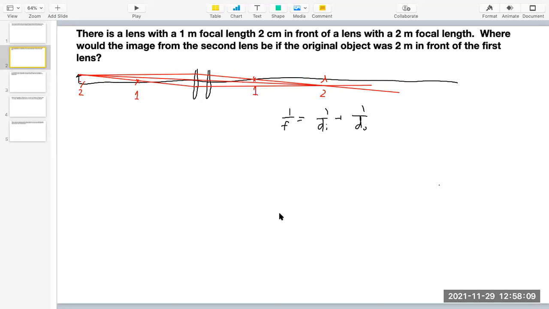And doing the math for it, two meters works. So our image distance doesn't become our object distance. Our image location becomes our object location.